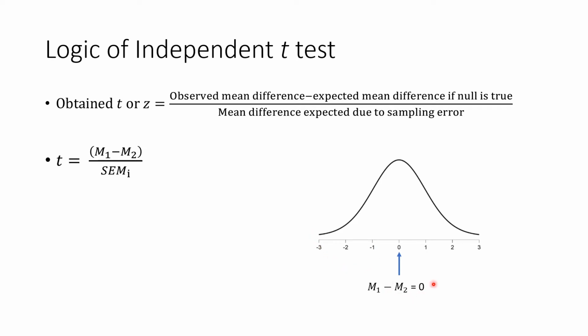And again, if the numerator is close to 0, you're going to get a t-value close to 0. If the null is true, you're going to get something very close to the middle of the curve, a 0 for t. If you get something way out here in either tail, that's going to be strong evidence against the null hypothesis. You'll get a small p-value if you get something out here in these tails.